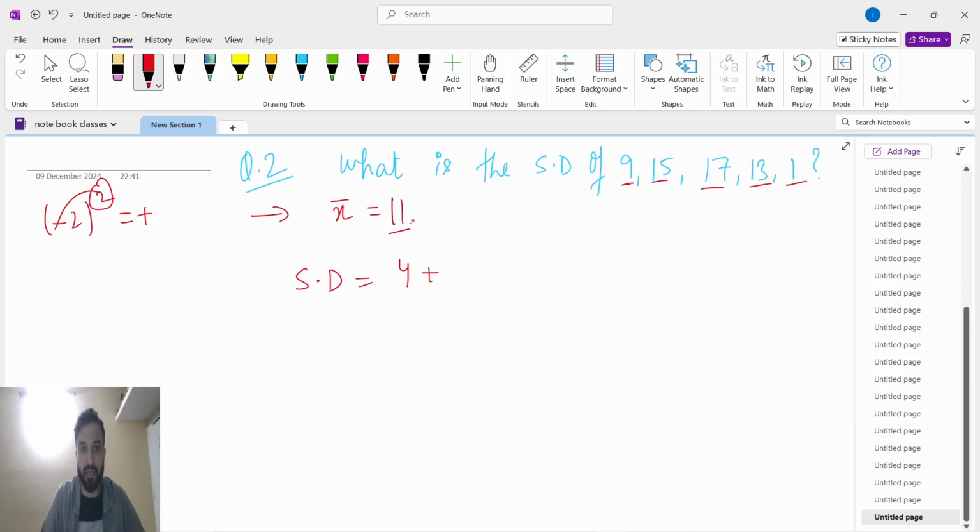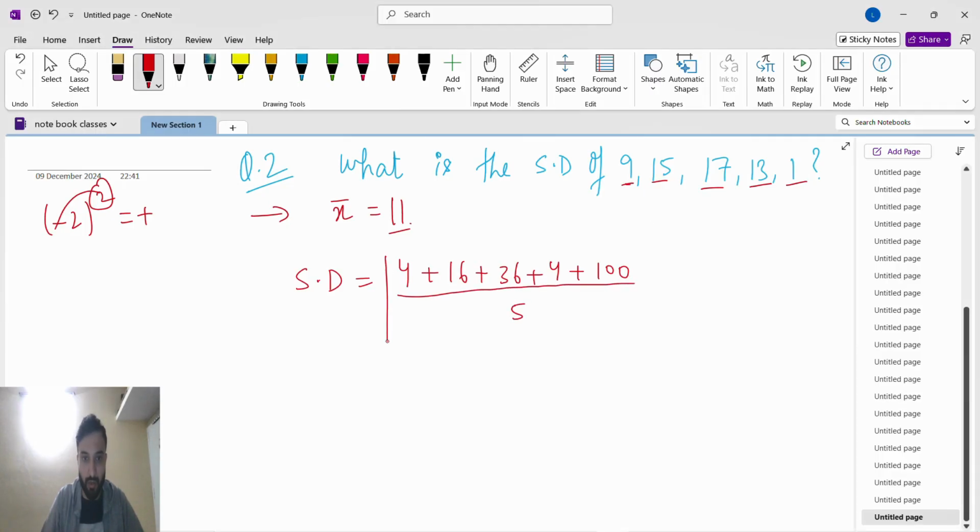Plus 15 minus 11, 4. 4 square is 16. Plus 17 minus 11, 6. 6 square is 36. Plus 13 minus 11 is 2. 2 square is 4. Plus 1 minus 11 is 10. 10 square is 100. Divided by n. N is 5. Then square root.